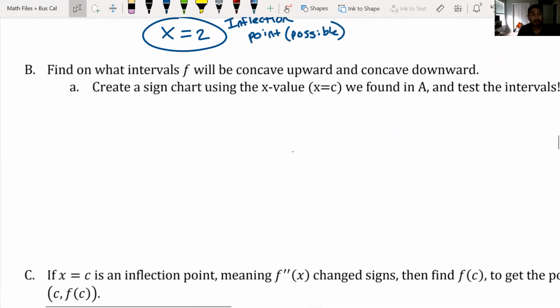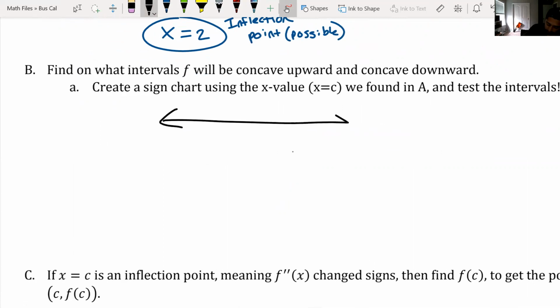So we will make our sign chart and plot my inflection point. There's my possible inflection point of 2, and here's negative infinity, there's positive infinity. Make my intervals.